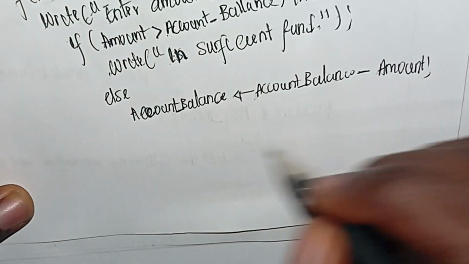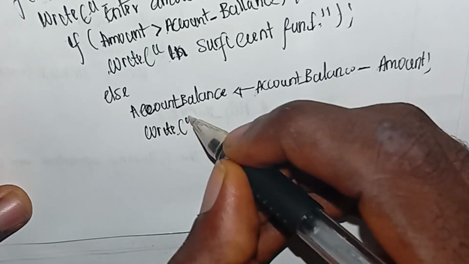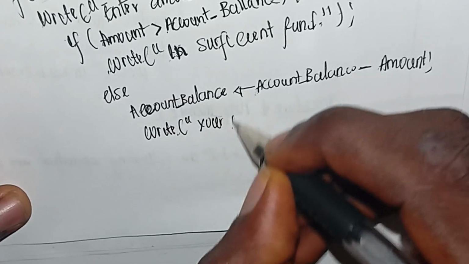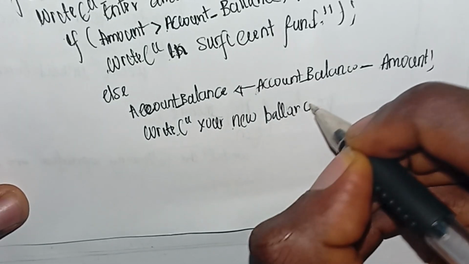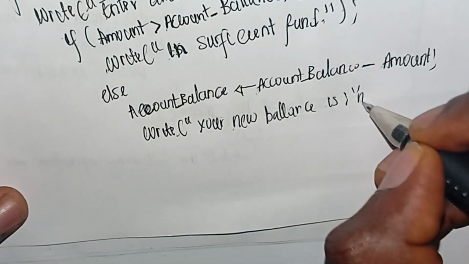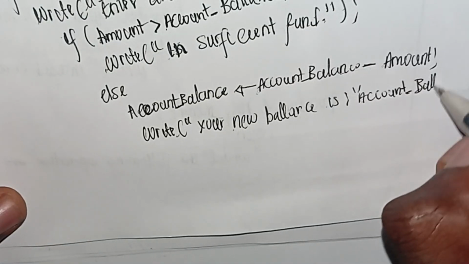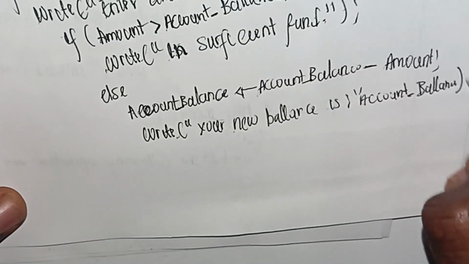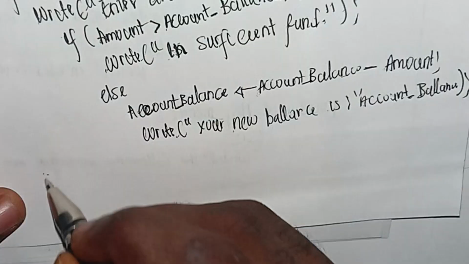Then we want to display the new account balance, right? Your new balance is account balance. Now, so this is the else we are working with.